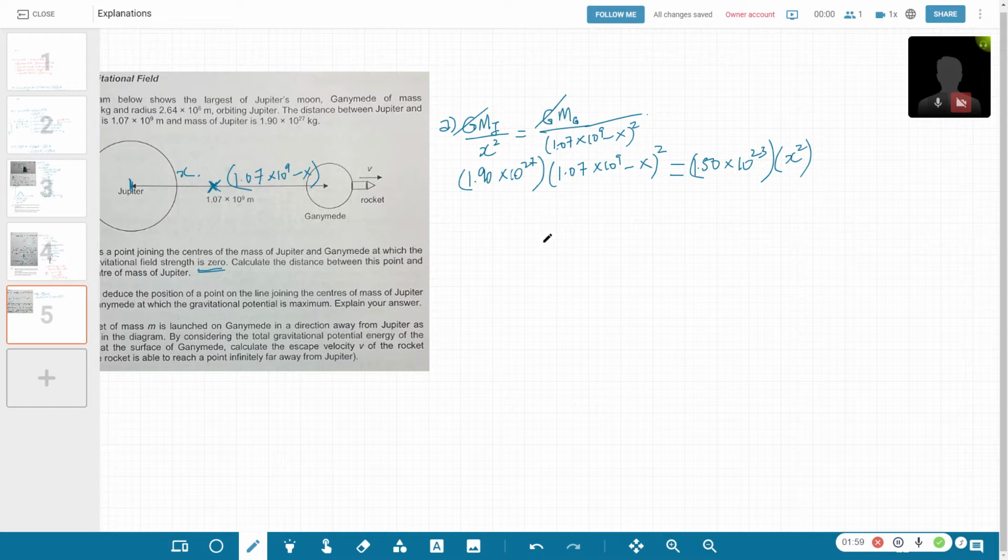Just some mathematics: we can remove the common powers of ten to make it smaller and easier.